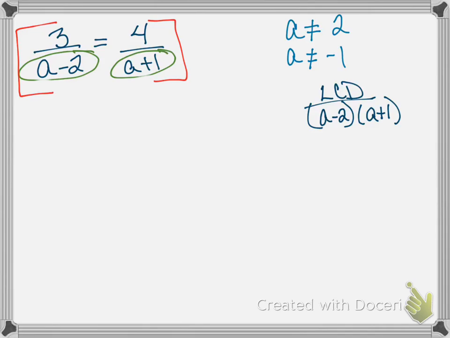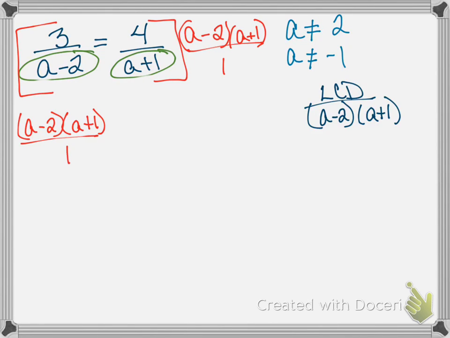Okay? So, what I'm going to do is take my least common denominator and multiply all of this times a minus 2 times a plus 1 over 1. So I have a minus 2 times a plus 1 over 1, and that is being multiplied by 3 over a minus 2.